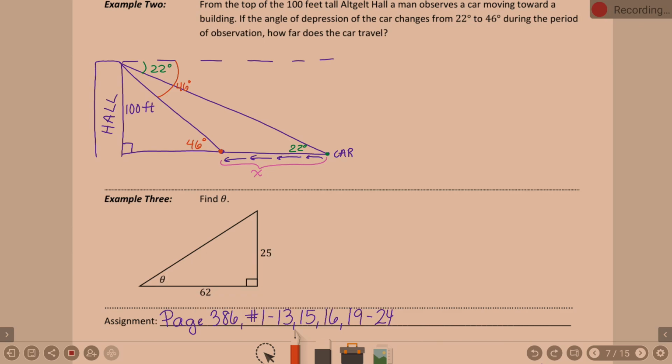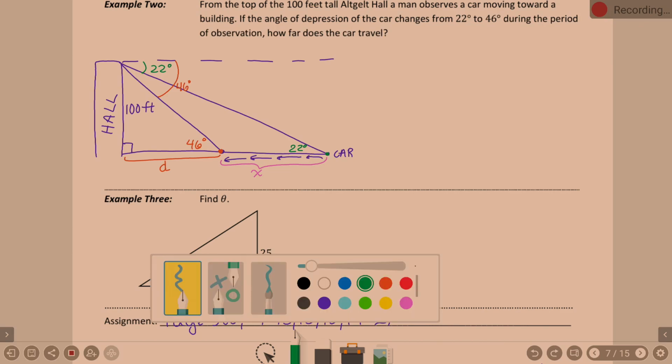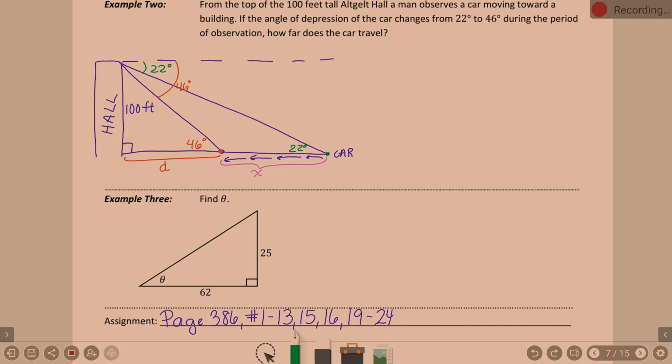We have two right triangles. We have the right triangle that has the 46 degrees, yes? We can find the bottom of this side. I'm going to call it D. Then I can find the side of the big right triangle and we can subtract, and that's a lot of unnecessary work.